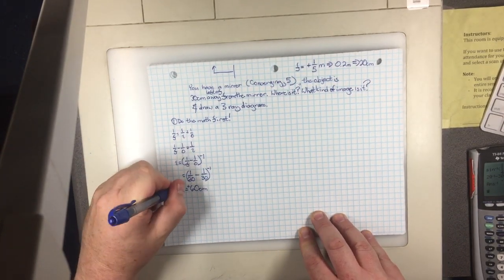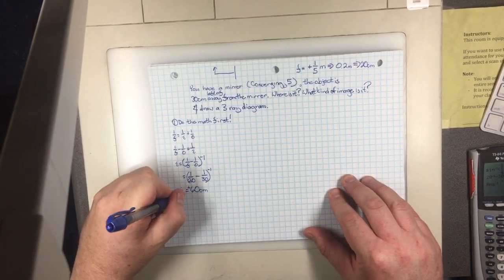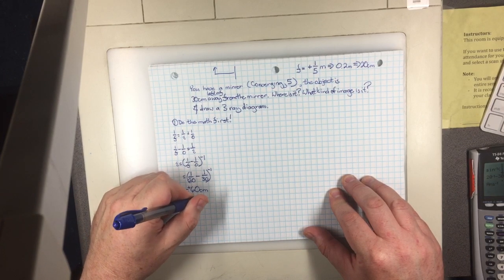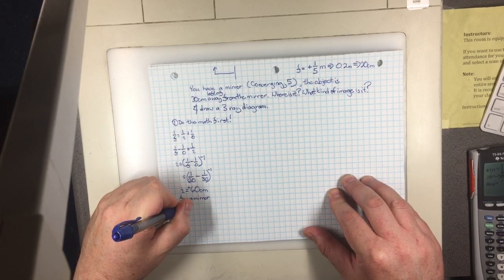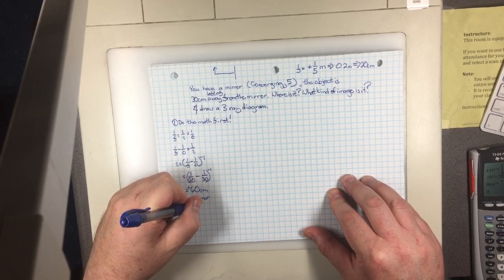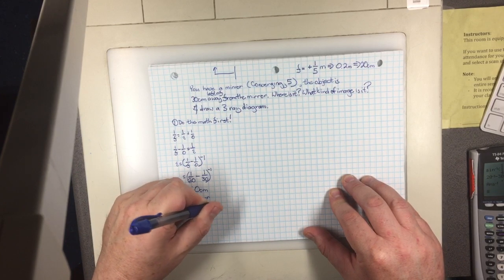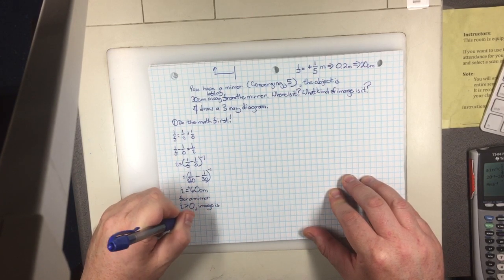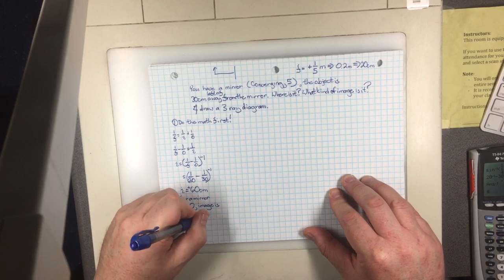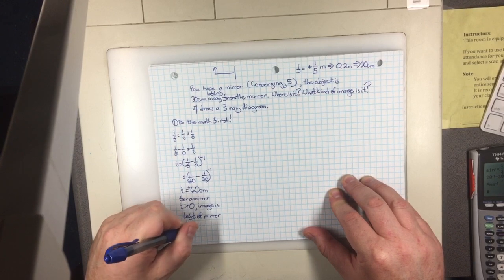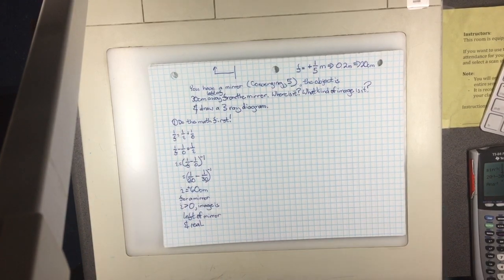The image distance is positive. For a mirror, if I is greater than 0, the image is left of the mirror and real. So the image that we have is positive.